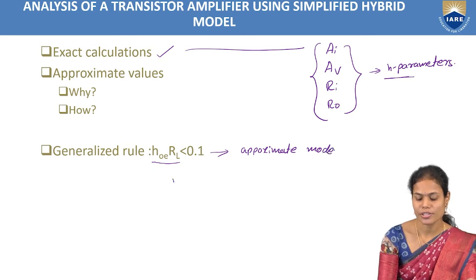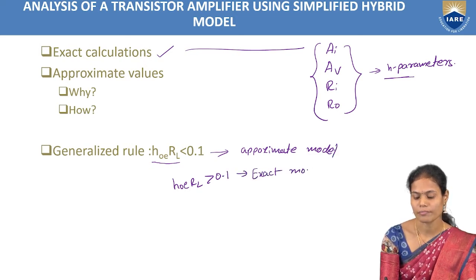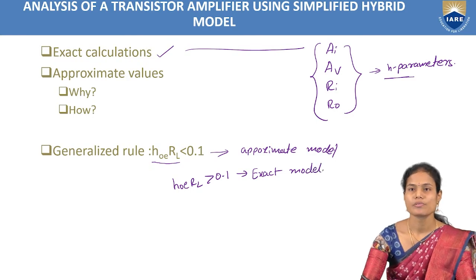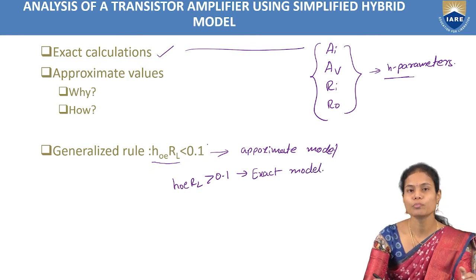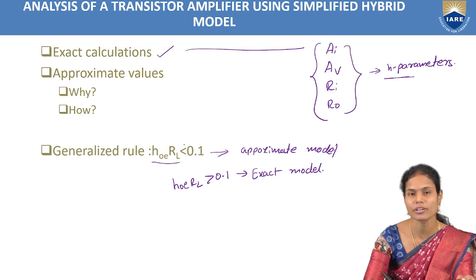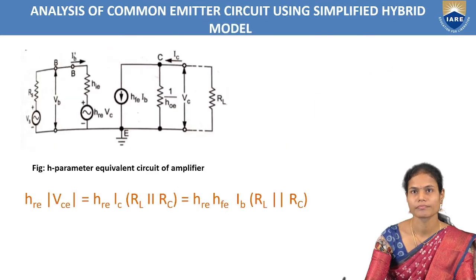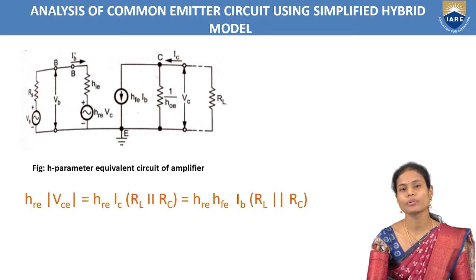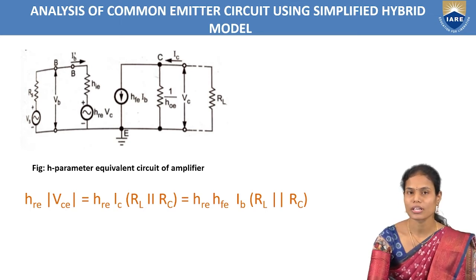If HOE RL is greater than 0.1, we go with the exact model. So first of all, to decide between the exact model and the approximate model, we have to check the condition on the HOE RL product value. These approximate models we are going to analyze for all three configurations here.